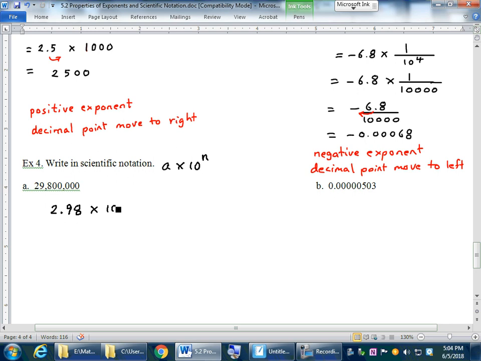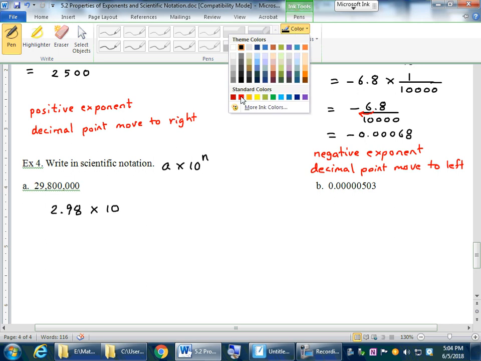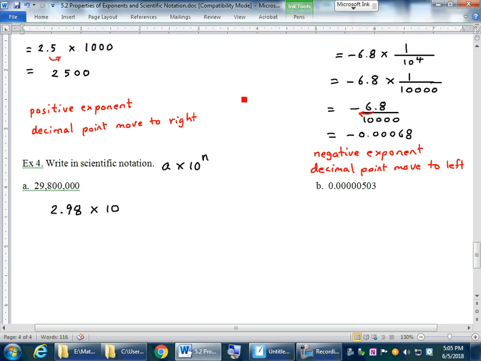So how do I know whether I should put a positive exponent or a negative exponent on the 10? That's where you have to look at whether your decimal point is going to move to the right or left to get back to the original number. In this case, to get back to the original number, I have to move my decimal point to the right.